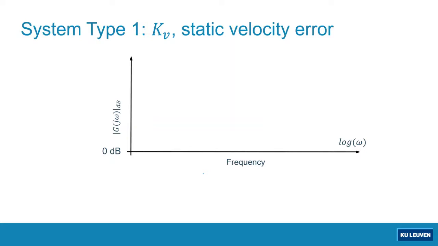Typically, the magnitude plot of the Bode diagram in a type 1 system will have negative 20 dB per decade slope at low frequency region. At low frequency region, your magnitude plot should start with a line with a slope of negative 20 dB per decade.